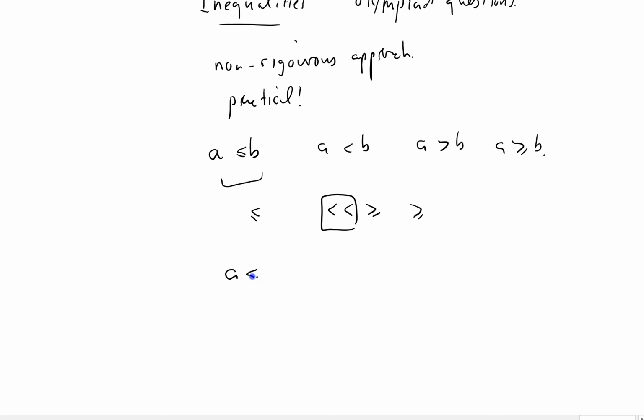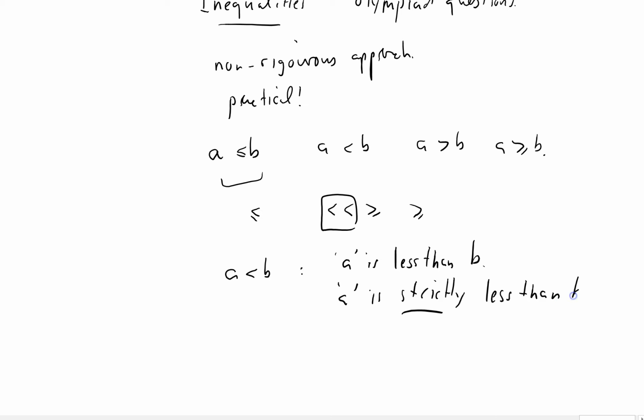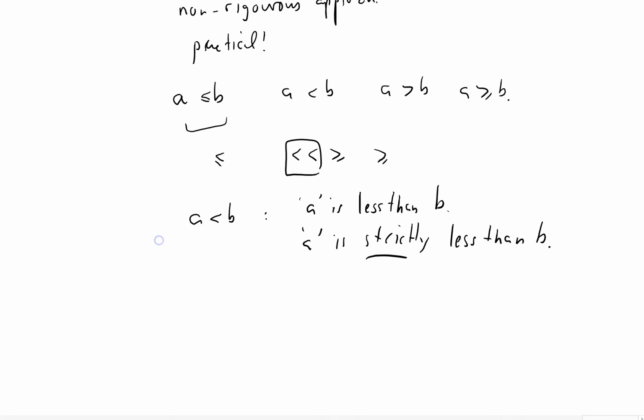So we say that A is less than B. Sometimes I say A is strictly less than B, if I want to emphasize the fact that they can't be equal. So A is less than B implies A is not equal to B. You'll lose marks if you're not careful about equality.